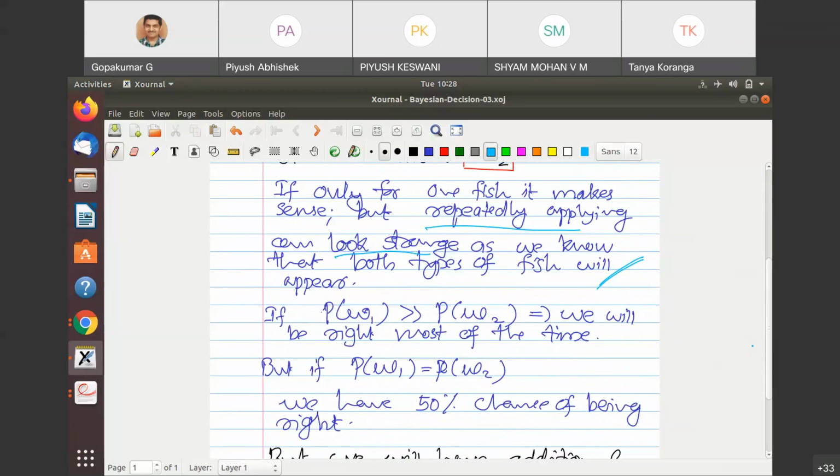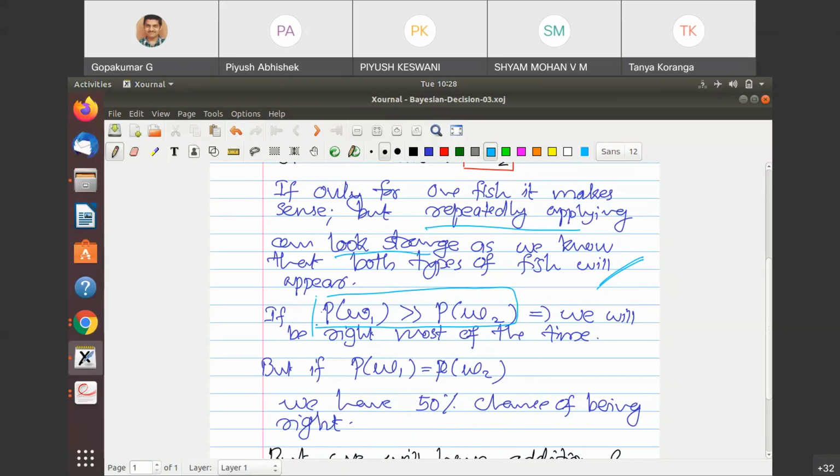For example, if the probability of W1 is very large and the probability of W2 is small, say 95 and 5 percent, so 0.95 is the probability of W1 and 0.05 is the other one, then there is no issue, because the prediction will be more or less the same.